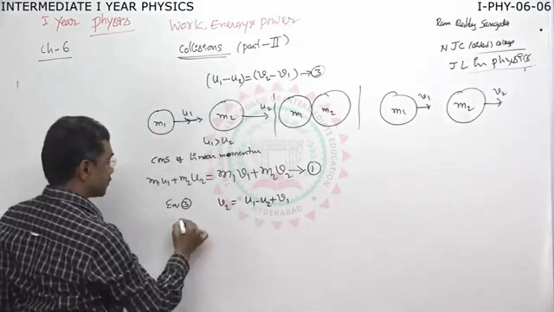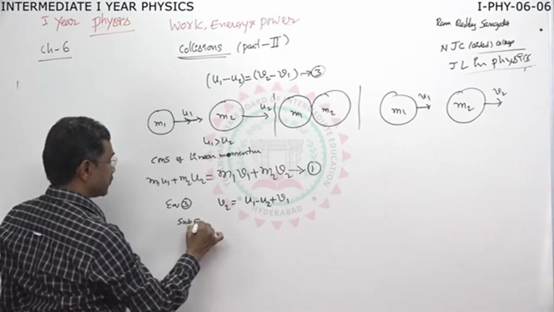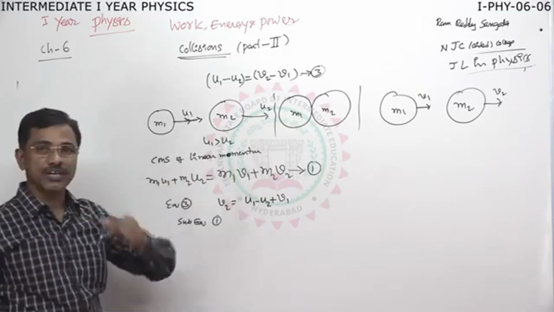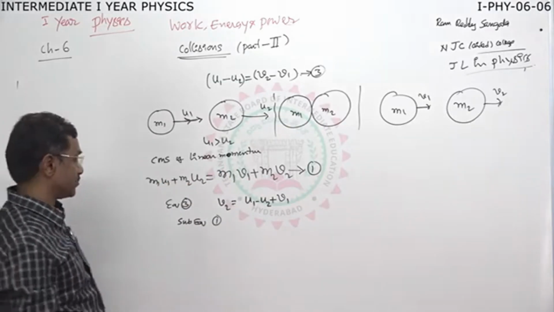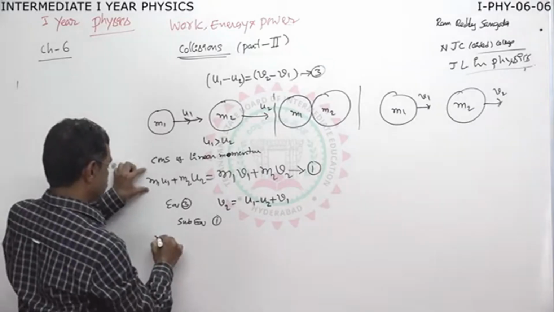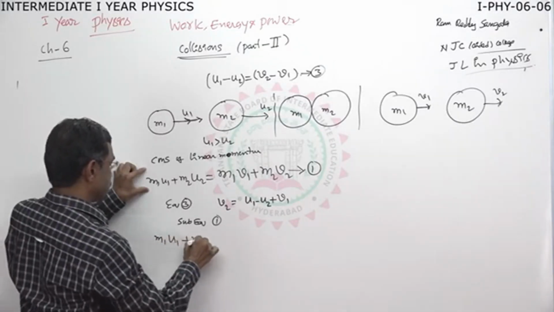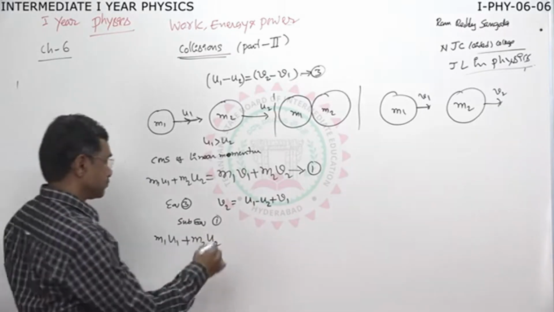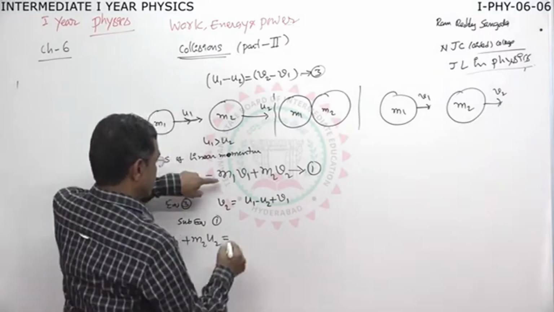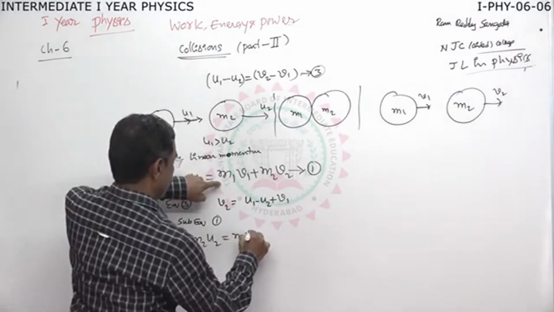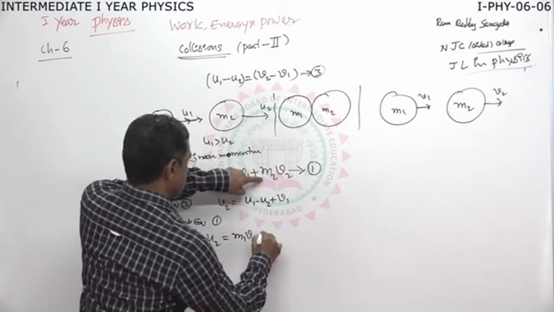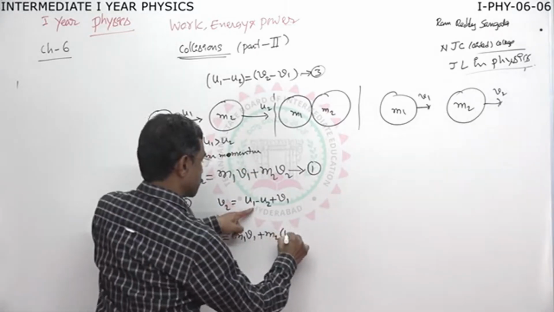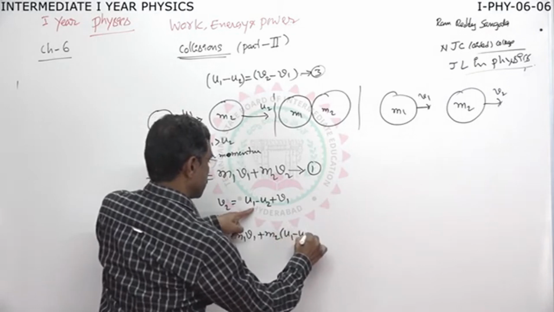Now substitute in equation 1, that is the law of conservation of linear momentum, and simplify. Here m1 u1 plus m2 u2 is the total momentum before collision. On the right-hand side, m1 v1 plus m2, and instead of V2, I'll write U1 minus U2 plus V1.